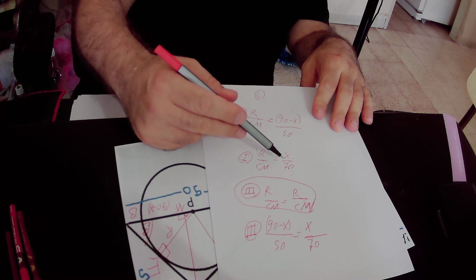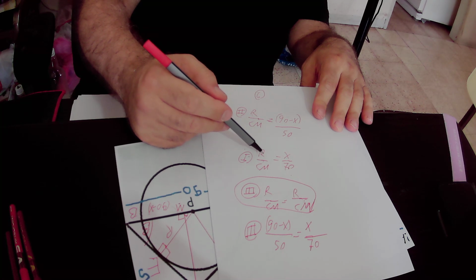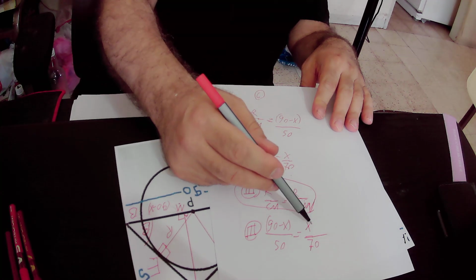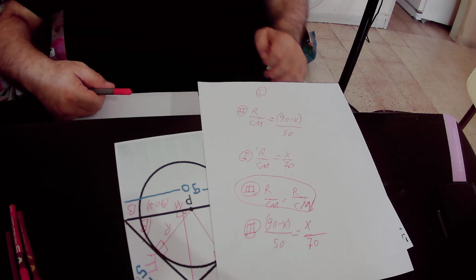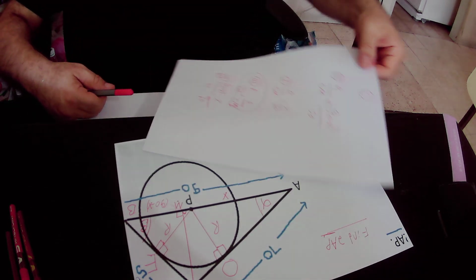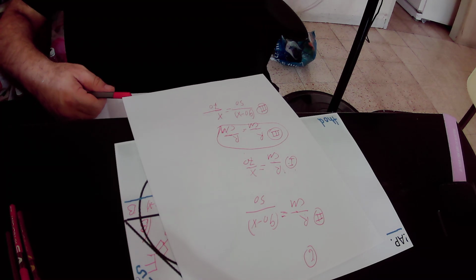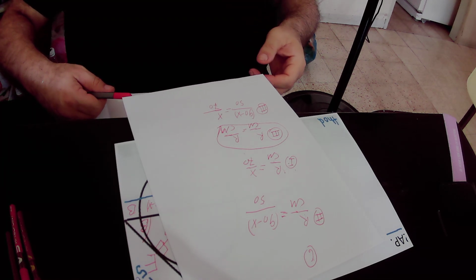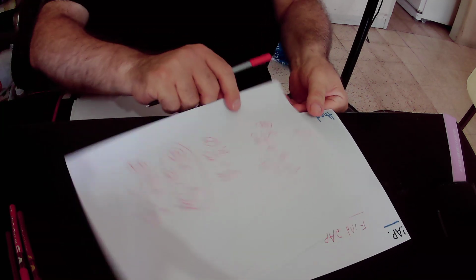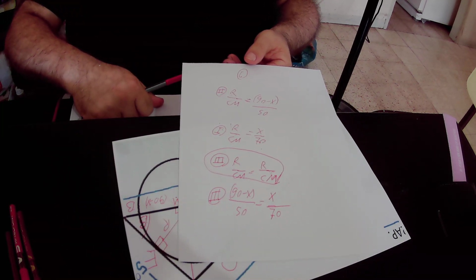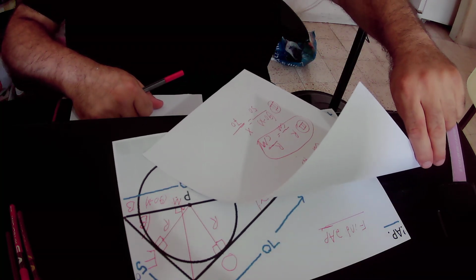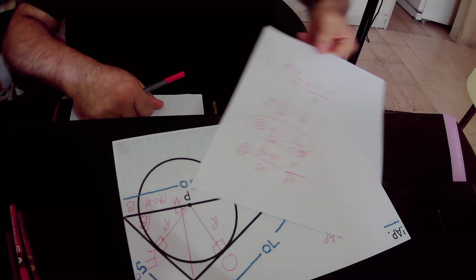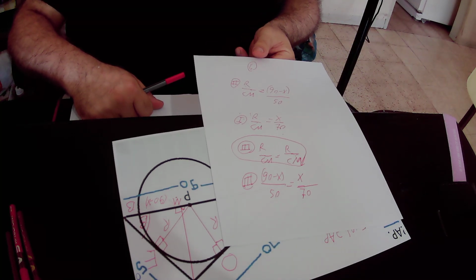So we put the value of R over Cm from the first equation here. Okay, so here we can multiply both sides of the equation by 50. Okay.